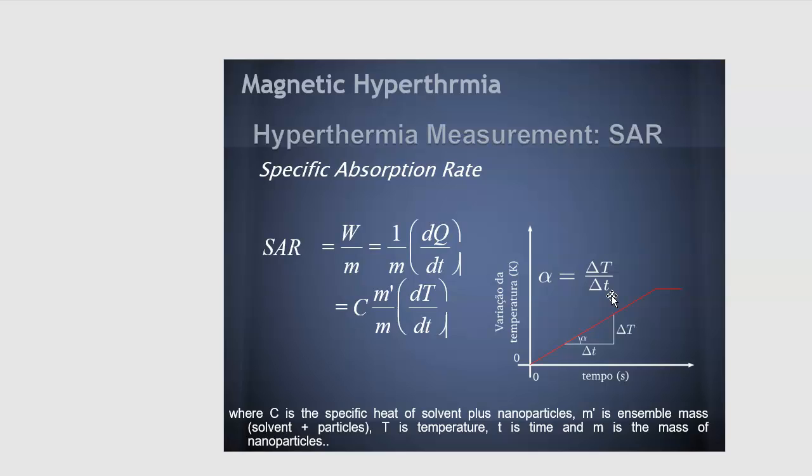So generally when we put magnetic nanoparticle in an AC magnetic field of suitable frequency and we record the temperature versus time curve, and this slide is showing the profile between time and temperature, and from the slope of this curve we calculate the specific absorption rate, where this is dT upon dt, and here C is basically the specific heat of solvent plus nanoparticle, M prime is the mass of solvent plus nanoparticle, T is the temperature, small t is the time, and M is the mass of the nanoparticle.